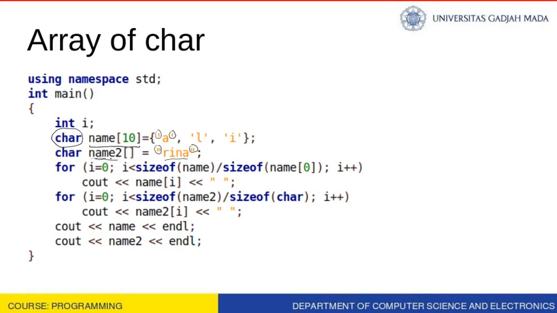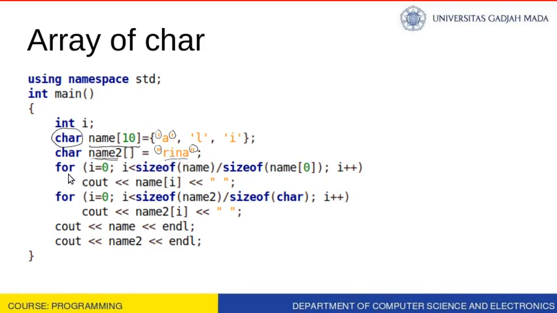In the array named name2, there will be 4 elements: the first element will be R, then I, N, and A for the last element.